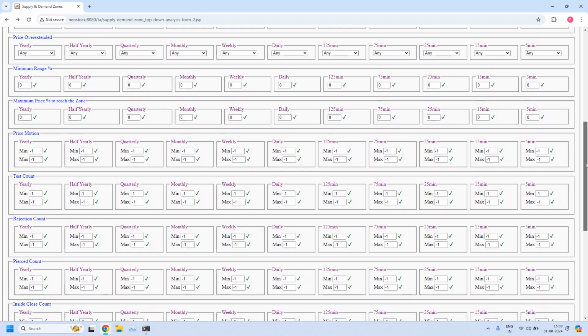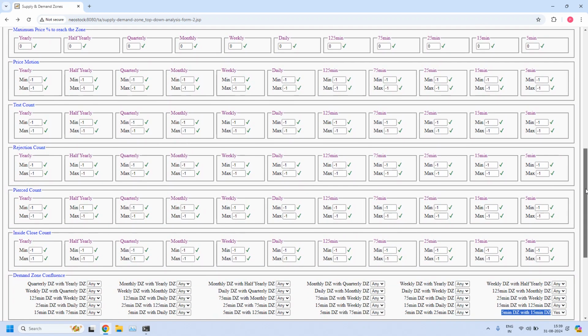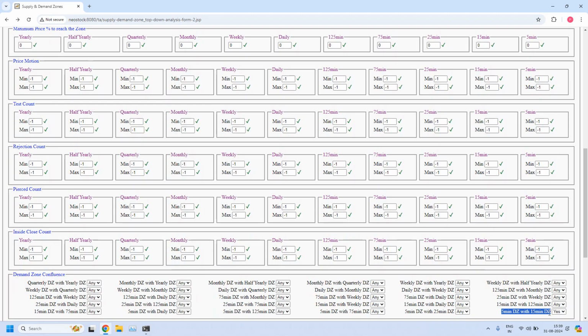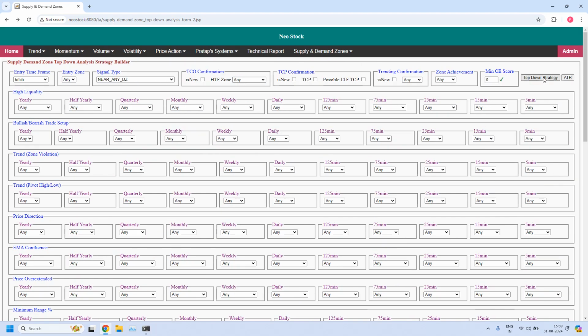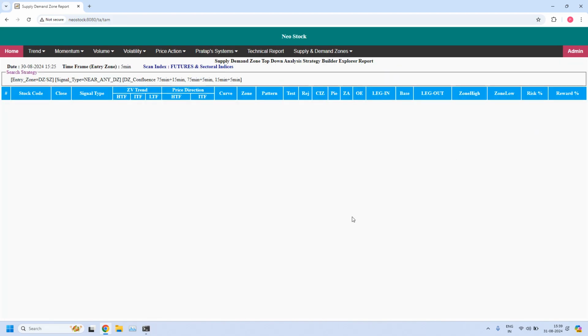Because 5 minutes, 15 minutes and 75 minutes confluence. 5 minutes and 15 minutes is already enabled. Now I am enabling 5 minutes and 75 option, and also 15 minutes and 75 minutes demand zone confluence is enabled. With this LTF, ITF, HTF zone confluence is enabled. Let's verify how many stocks. So none of the stocks are having LTF, ITF and HTF demand zone confluence.